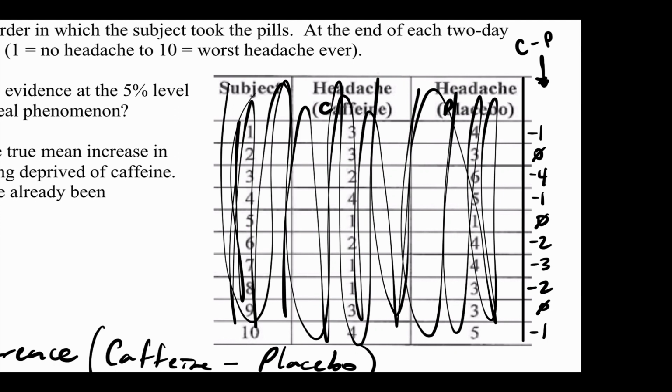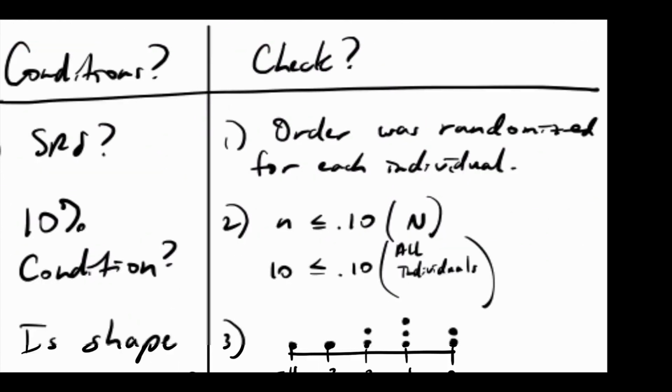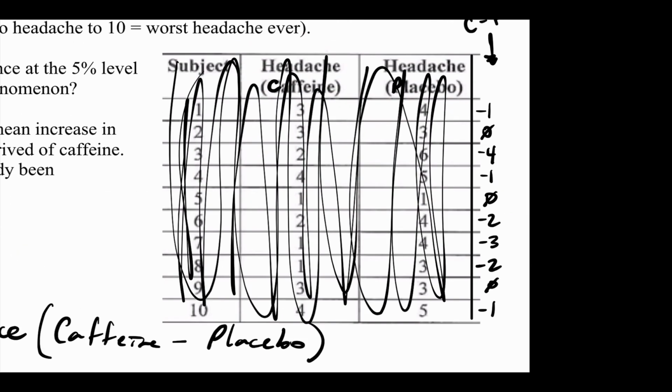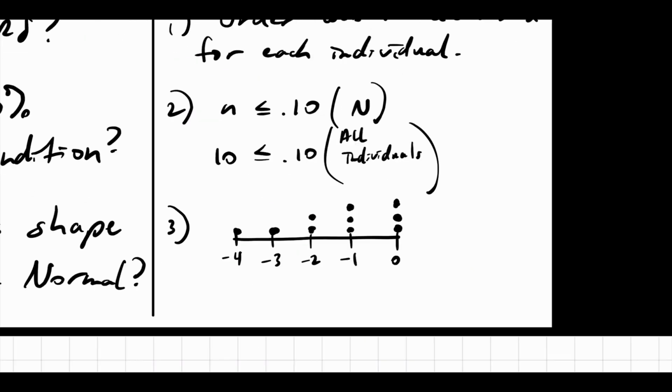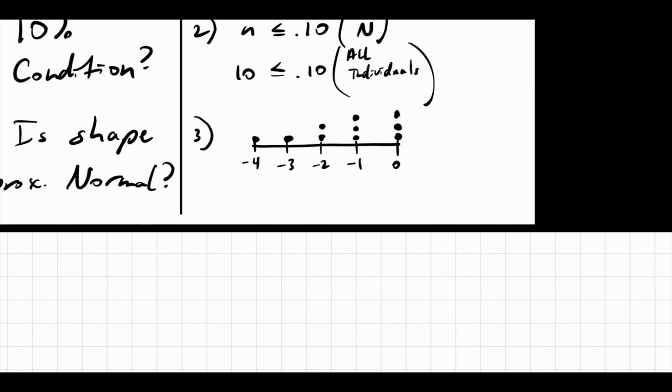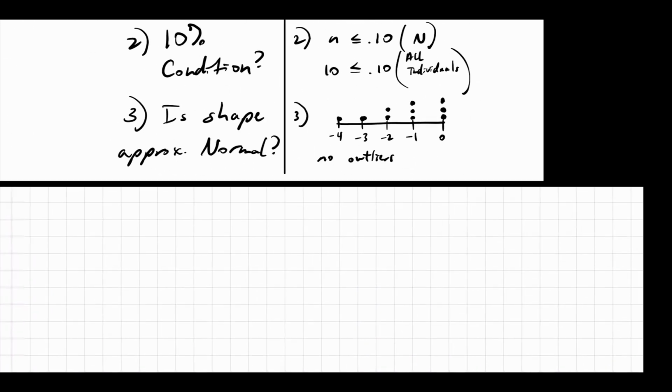Missing 1. And -1. No. -2 is 3 zeros. Okay. No outliers.